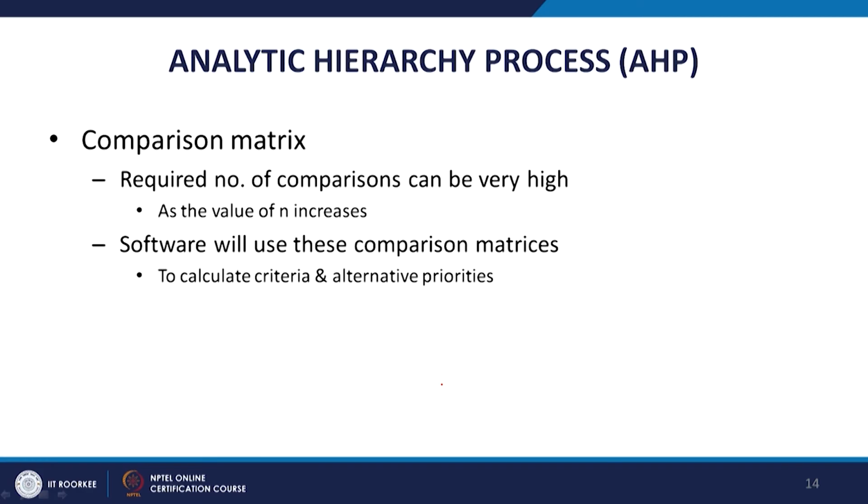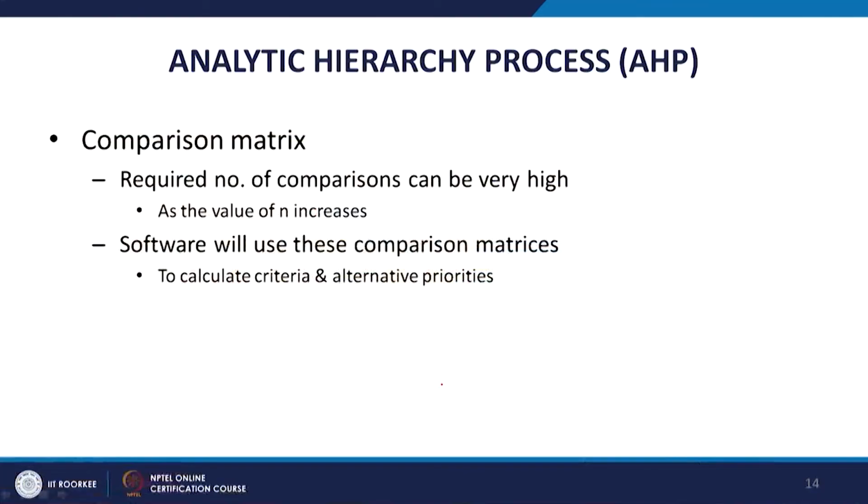The required number of comparisons can be very high. If you increase the value of n, if there are more criteria to be considered, then of course the required number of comparisons will go up. Similarly, if there are more alternatives to be evaluated, the required number of comparisons will go up.